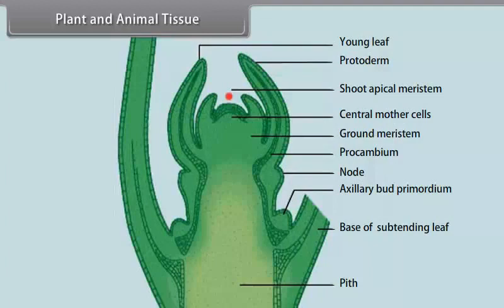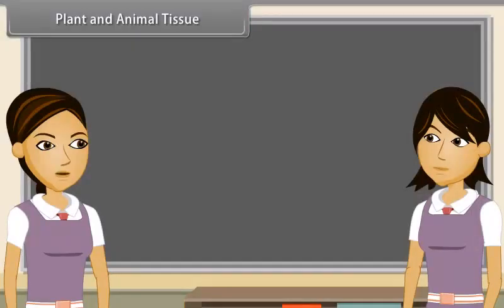The growth in plants is limited to some regions. There are some tissues in plants that divide. Yes, but in animals, the growth is not restricted to some places. It is uniform growth. In animals, structural organization of organ systems is more specified and localized.